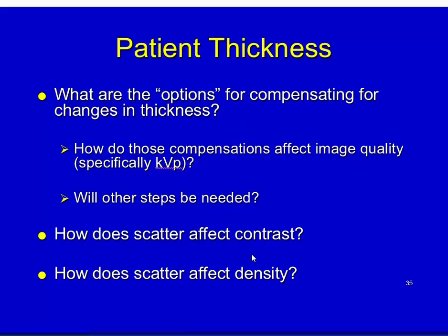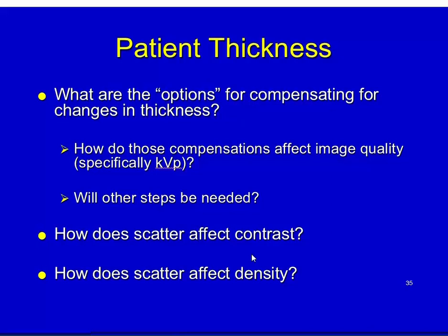So how does patient thickness affect scatter? We've kind of done that to death. How does scatter affect contrast? Scatter destroys contrast. That's why we don't want to use kVp whenever we have an increase in patient thickness. How does scatter affect density?